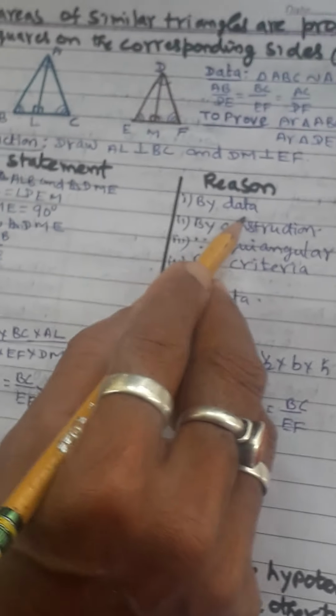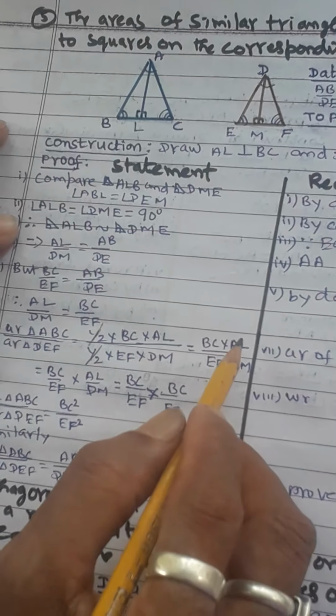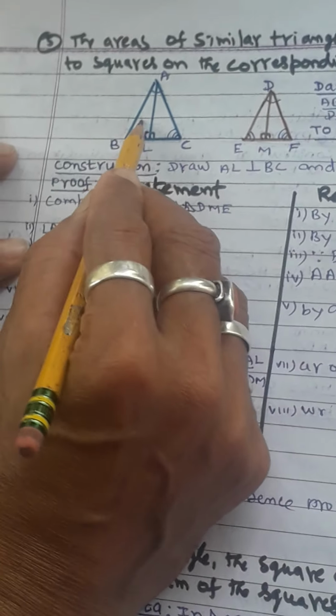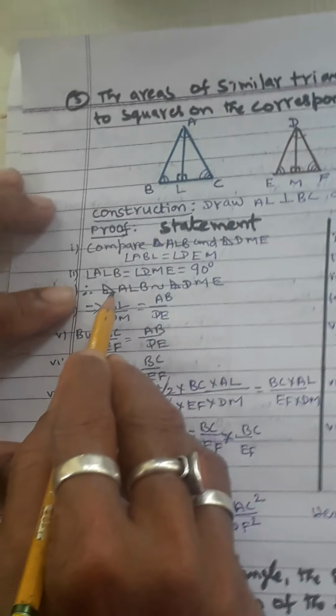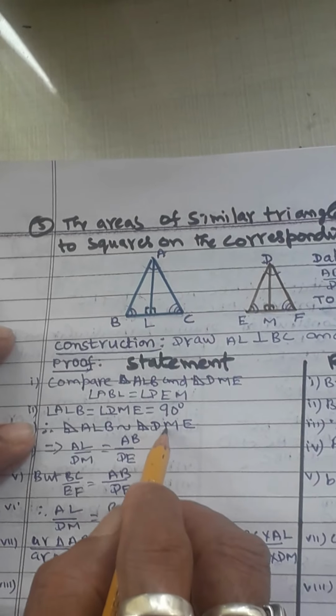That is already given in the data itself. So once two angles are equal, the third angle also naturally will be equal. That is why these triangles are similar. So I have written triangle ALB is similar to triangle DME, because it is equiangular.